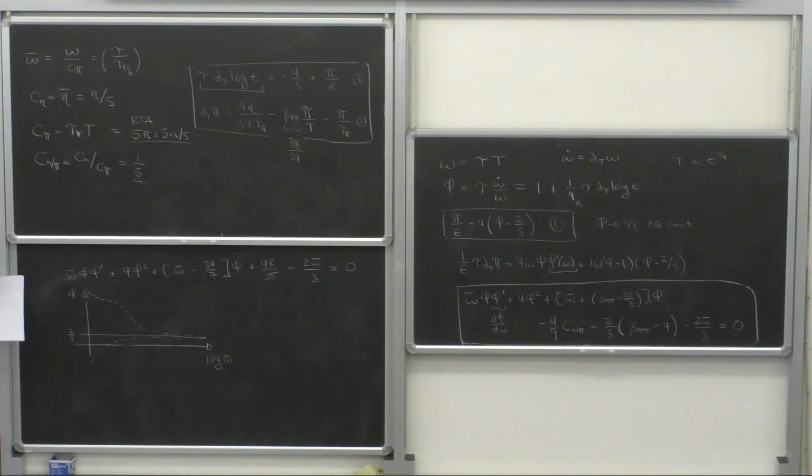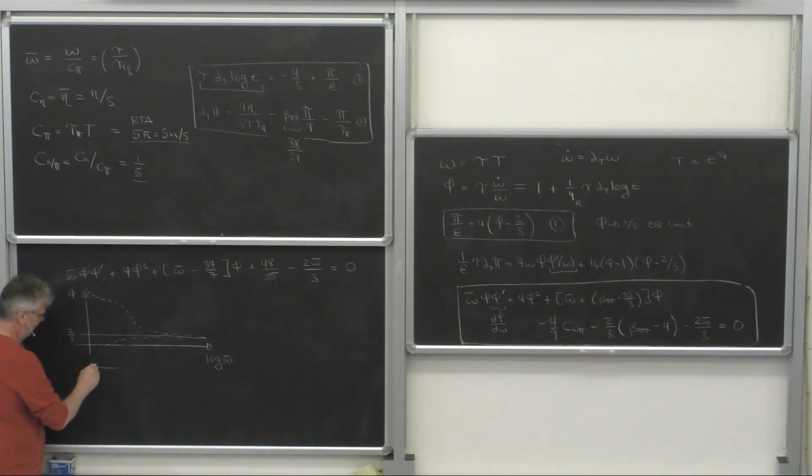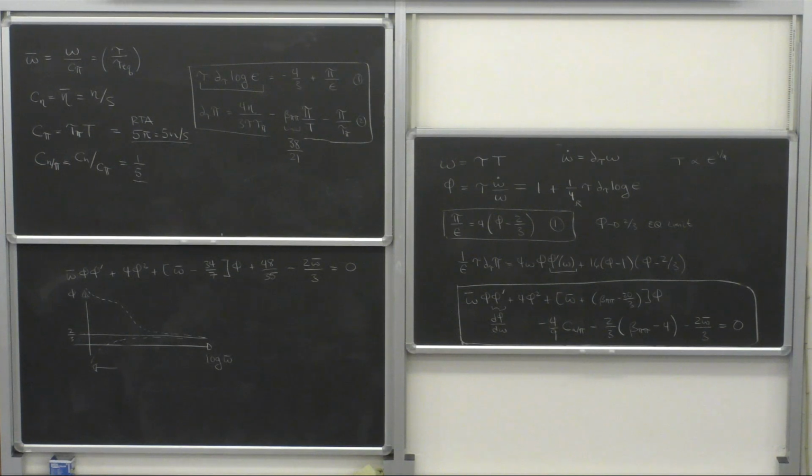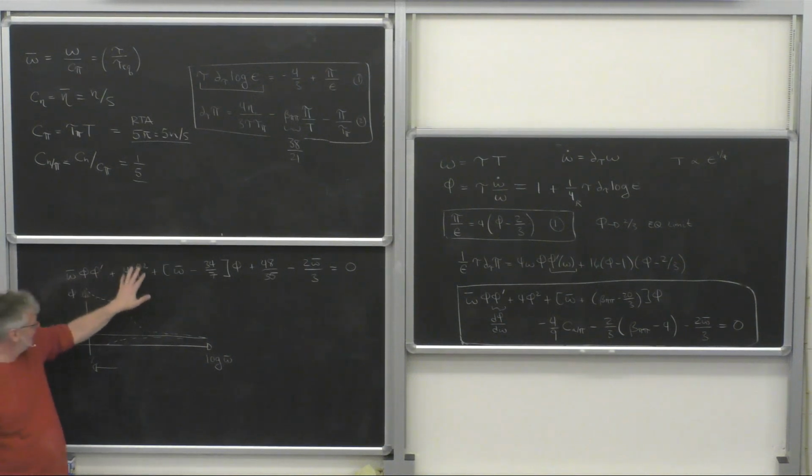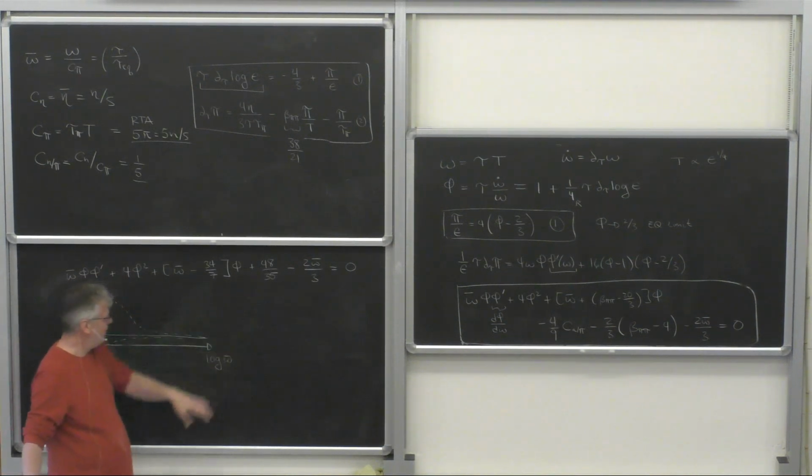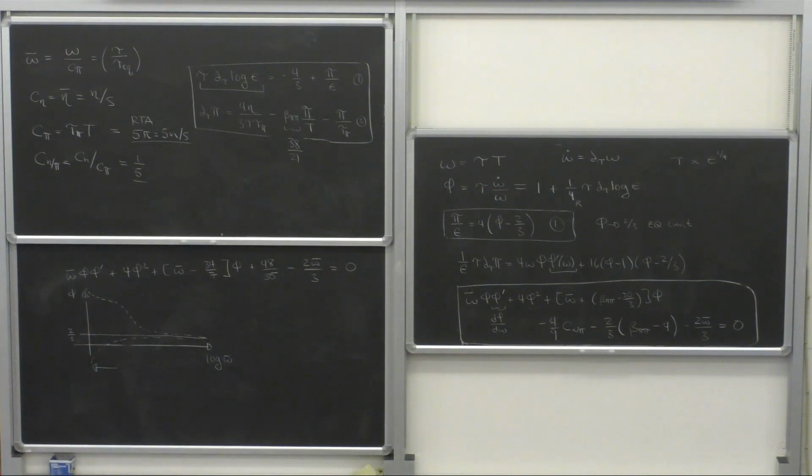But what you'll find in practice is if you try to extrapolate all of these solutions back to zero, there's a whole class of them that simply diverge. And that's because here, if we solve for phi primed, which is the derivative, all of these terms are going to be some 1 over omegas potentially floating around.